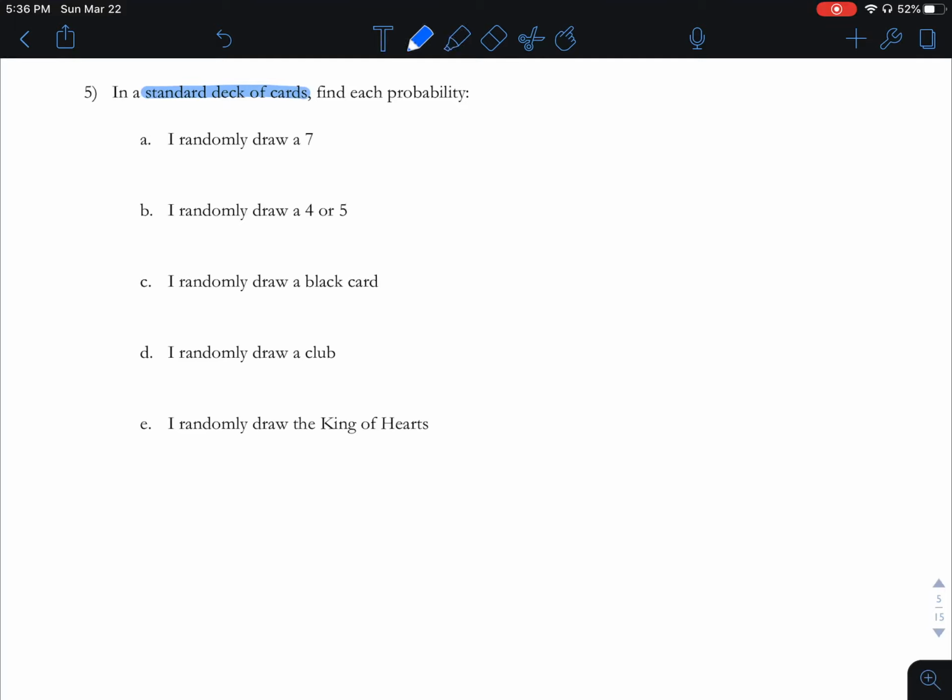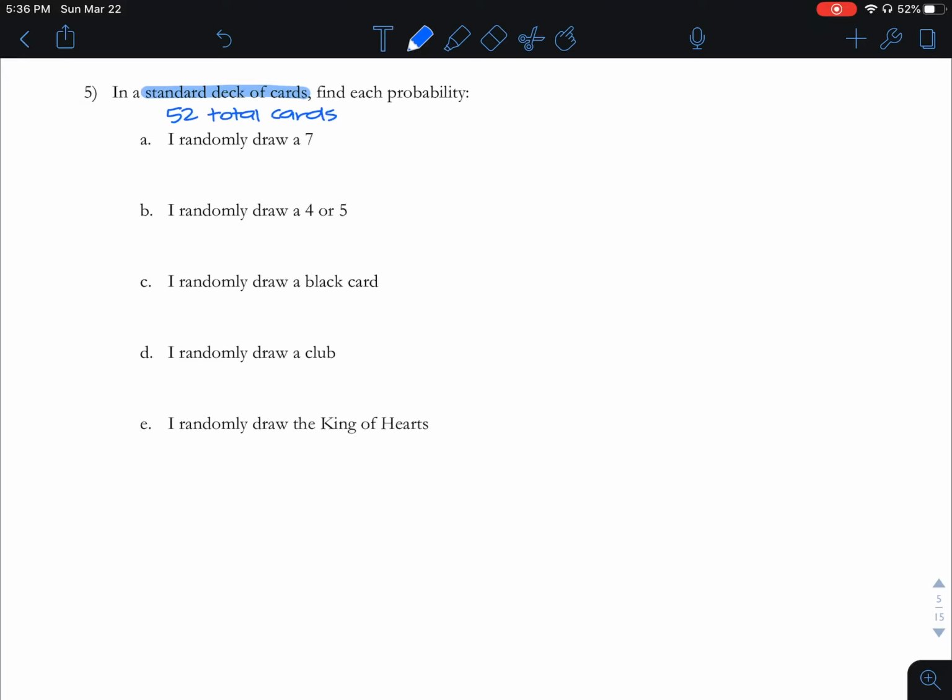Okay, so let's talk about a standard deck of cards. How many total cards do I have in a standard deck of cards? We did talk about this in the previous video. If you remember, I have 52 total cards. And if it's easier, maybe have a picture of what we did last time, just of the set of cards.